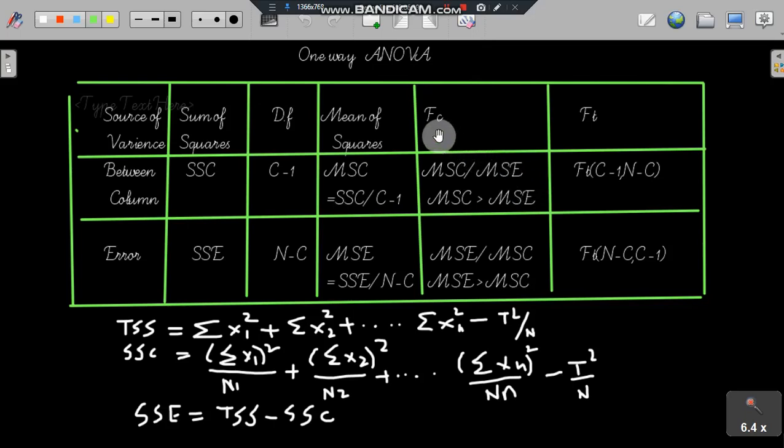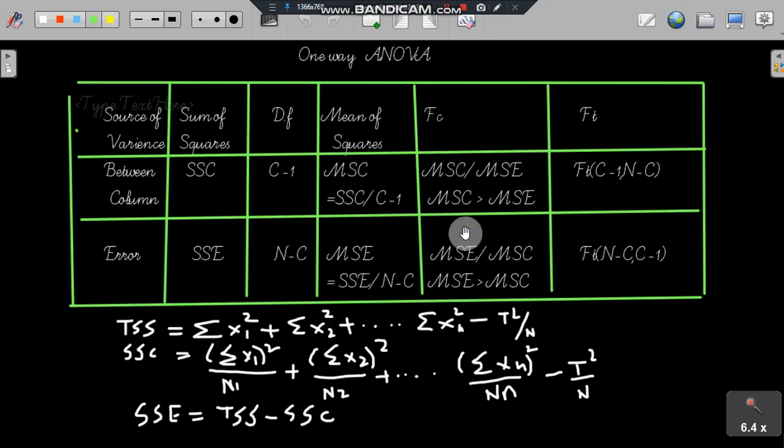So FC is nothing but MSC divided by MSE, if MSC is greater than MSE, and that number is the calculated value of F.